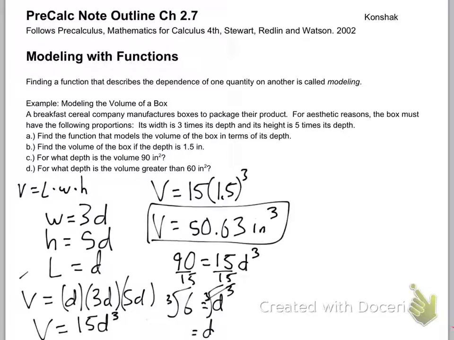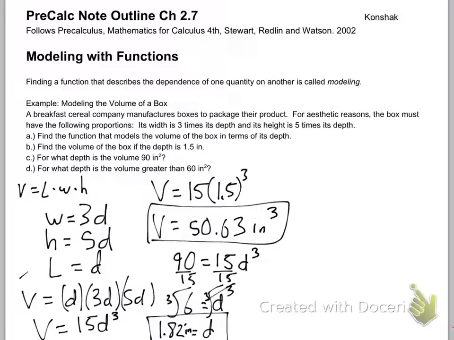It's not 2. 1.8. 1.82 inches. Yes? So 1.82 inches would be the depth if I wanted to have a volume of 90 cubic inches.